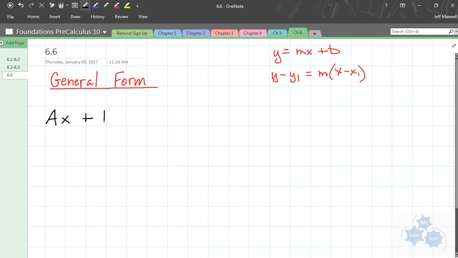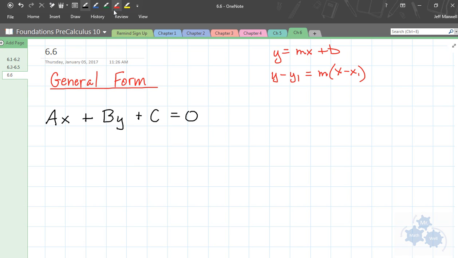Okay, it looks like this. This is straight from your textbook, but I'm going to talk about what each of these things represent. So ax plus by plus c equals 0. Actually, there's yet another form where the equal sign is over here, so my bad. This is general form.